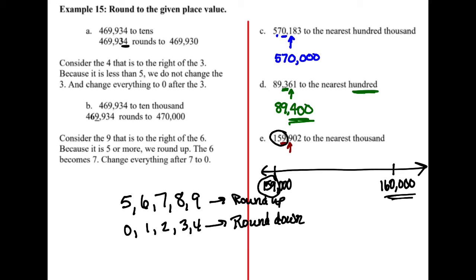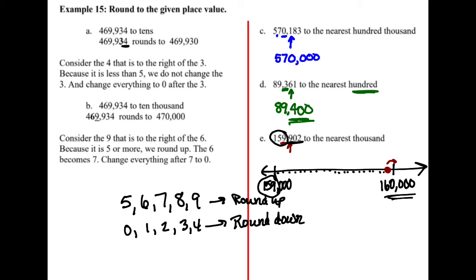So we start at 159,000, and then we're going to start counting towards 160,000, and we get 902 over. So that's way over here, isn't it? So we have 159,902 clear over here someplace, which is definitely closer to 160,000.